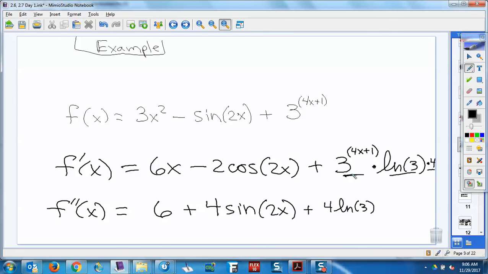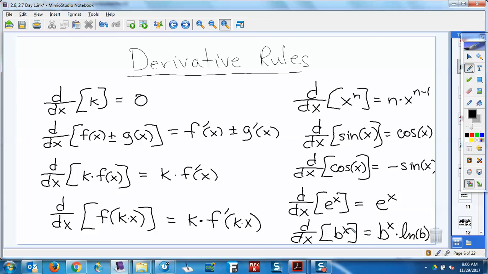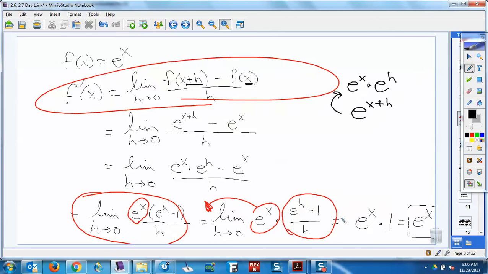So all I'm really doing the derivative of is this. Well, what is that derivative? What's the derivative of an exponential? Itself times ln 3, and we'll have to kick out a 4 again.